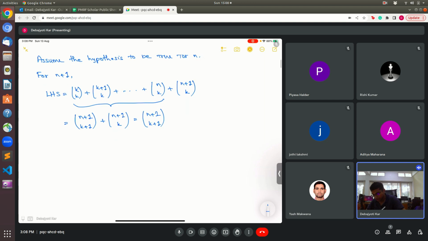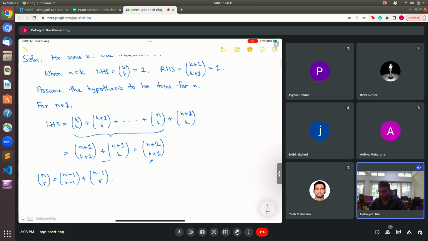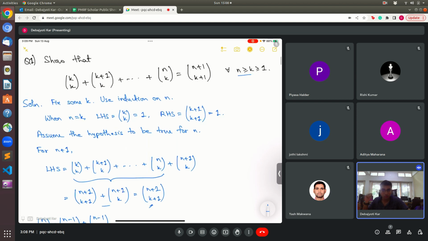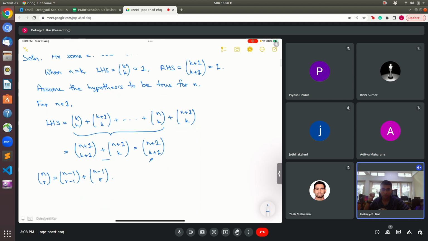Why? Because you have to recall the identity, a very well known identity for nCr. Using this, the sum of these two terms is equal to this term, and this is what we needed to show. So when n is equal to n plus 1, the sum should be equal to n plus 2 choose k plus 1, and that is what we have shown.